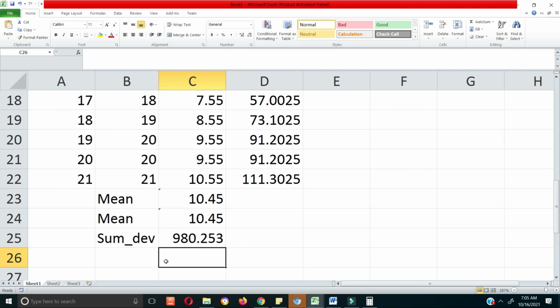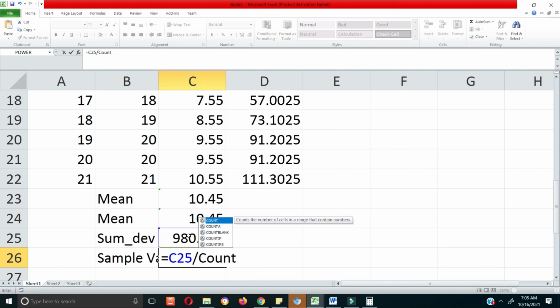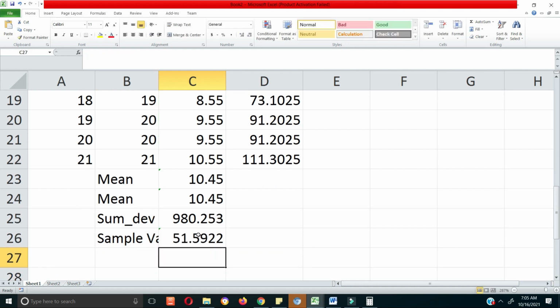Then the sample variance is going to be the sum of the squared deviations divided by the number of values that we have, B2 to B21, minus 1. Make sure all that is right, so that is our sample variance.